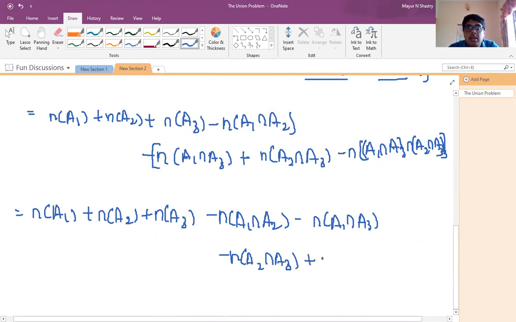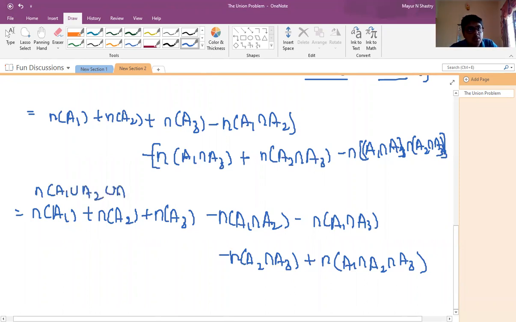Then this becomes plus n of A1 intersection A3 intersection A2 intersection A3, which is nothing but A1 intersection A2 intersection A3. Why do we need to include A3 two times when it's just an intersection? So we've successfully derived the formula for n of A1 union A2 union A3.